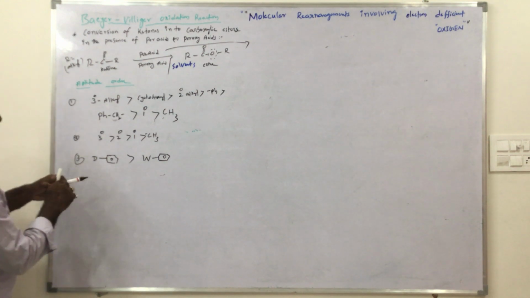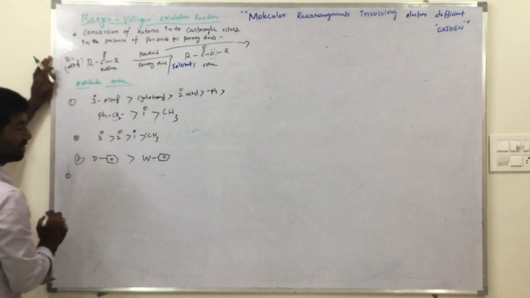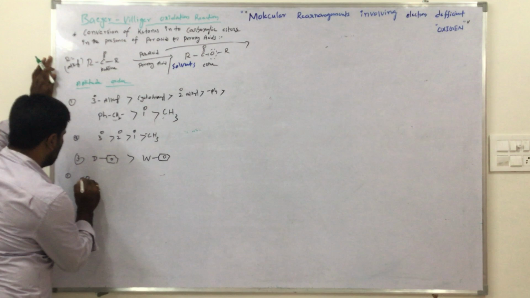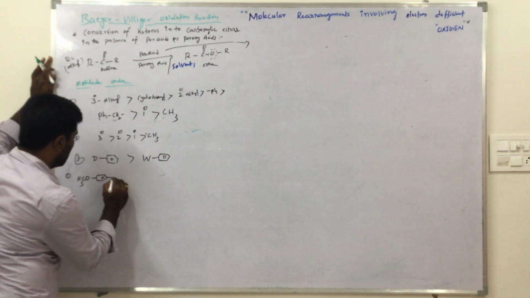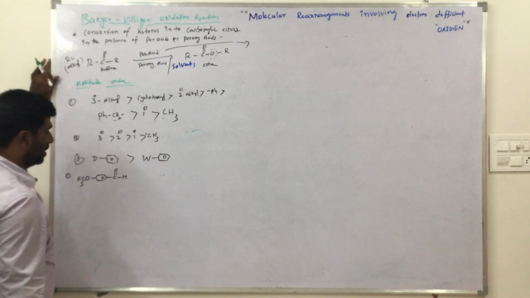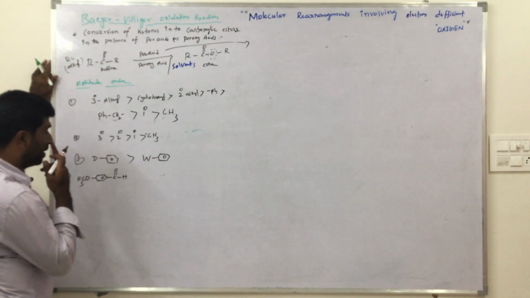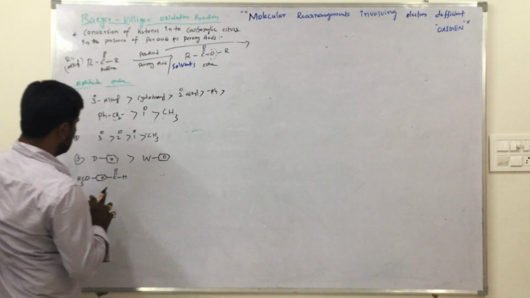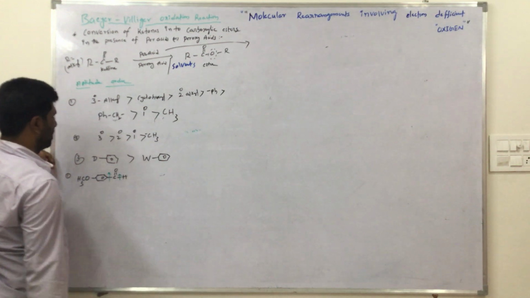Now here, the first one, synthetic examples. These are the synthetic examples. OCH3, double bond O, H. Okay. So here we have two possibilities. Oxygen insertion takes place at this position and also this position.